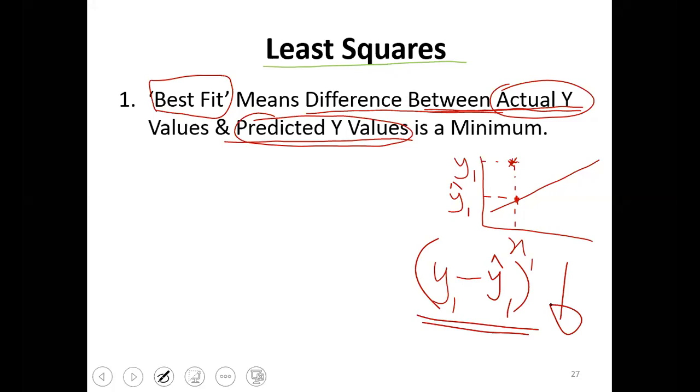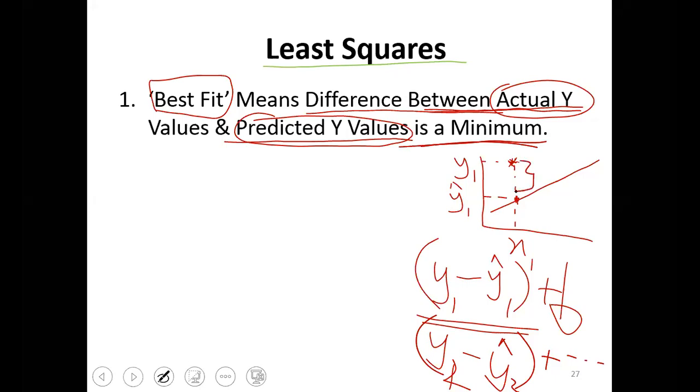So this is for one particular point. For the second point, plus y2 minus y2 hat, plus the third observation, and so on. It goes like this. So we want to find the minimum value or minimum deviation between these two. So that is how it works.